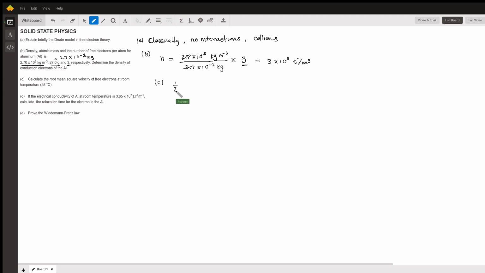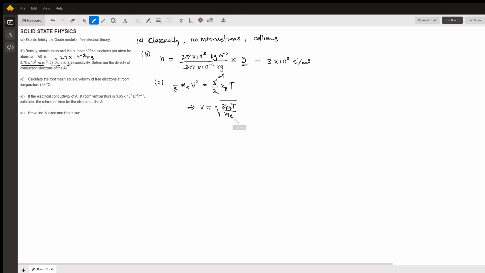So if we say the kinetic energy of the electrons moving in this gas is given by 1/2 mv squared, that has to be equal to the thermal energy, which is 3/2 kBT, kB being the Boltzmann constant, and 3 coming from the degrees of freedom of the electron. Solving for this, the halves cancel, and this gives the root mean square velocity.